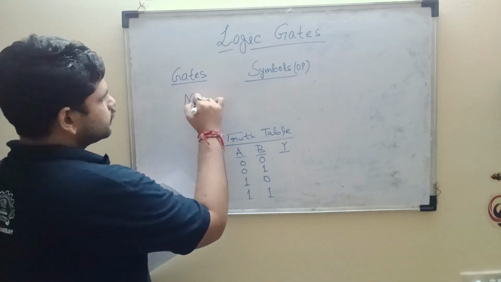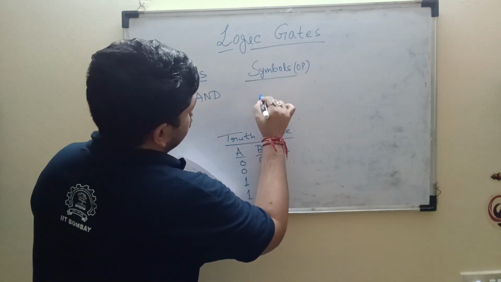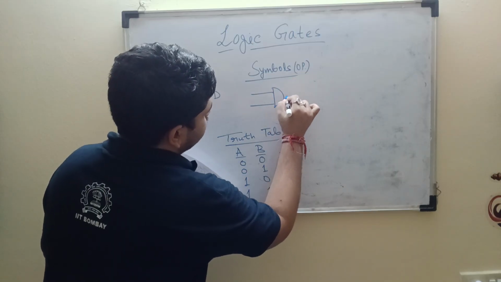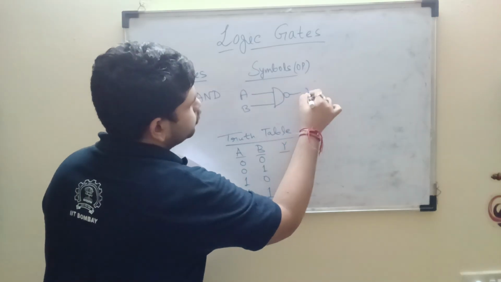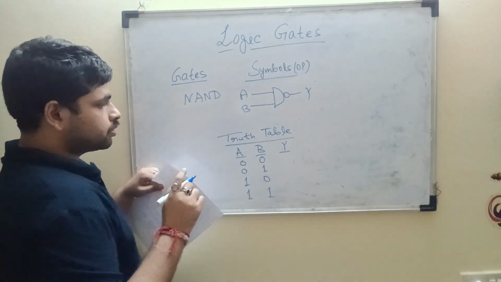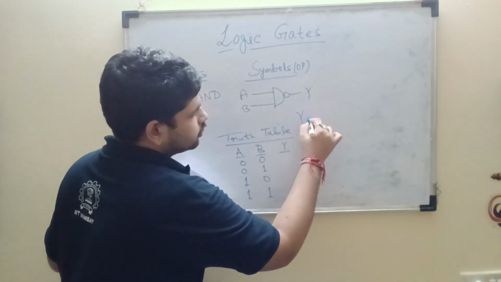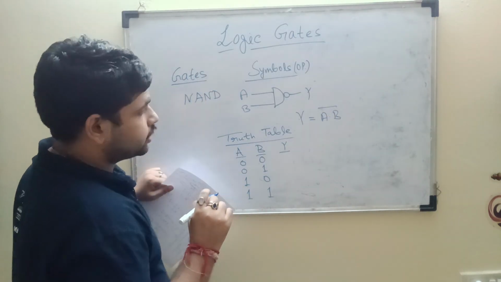So for the NAND gate, the symbol will be just like the AND gate with a bubble, like this. A and B are the inputs, and Y will be the output. The operation will be A dot B whole complement.